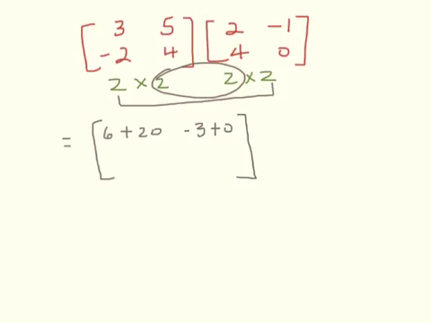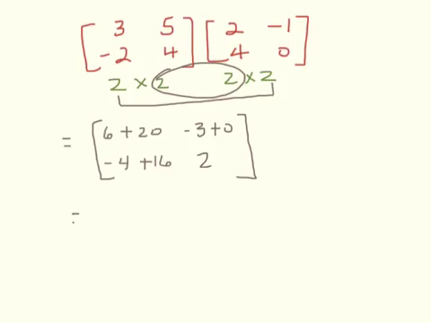So we're going to move down to the second row, and we're going to complete the same exact process. So we need second row, first column, which is that spot. So negative 4, and we're going to multiply the 4s, 16. And for the last spot, the last row, last column, negative 2 times negative 1 is 2, and 4 times 0 is 0, so I'm not going to write that down.